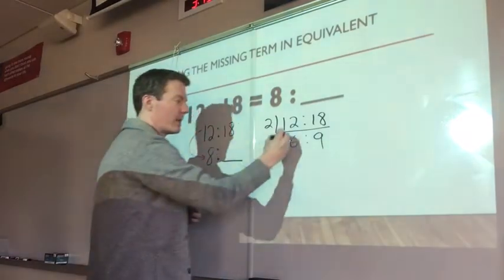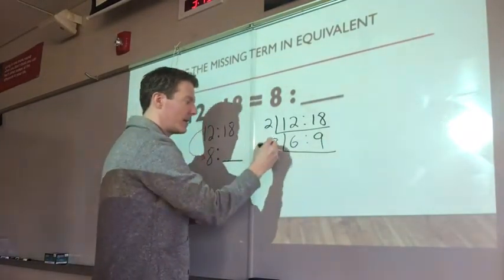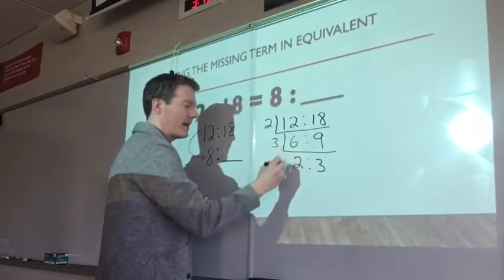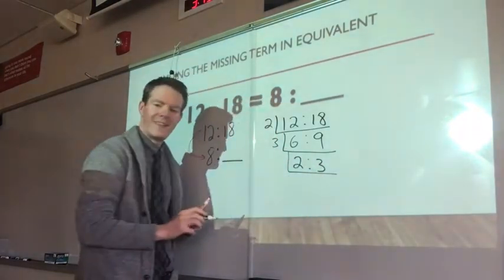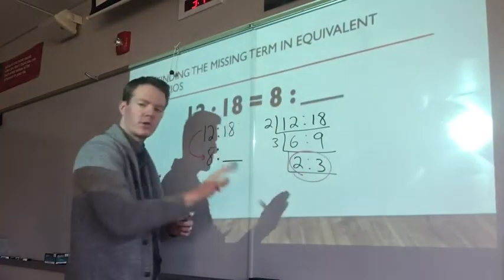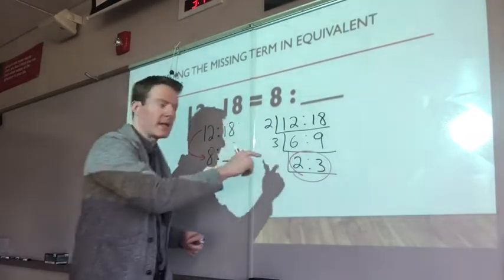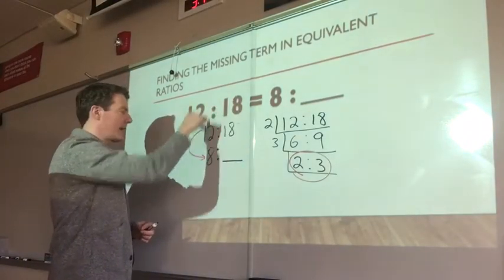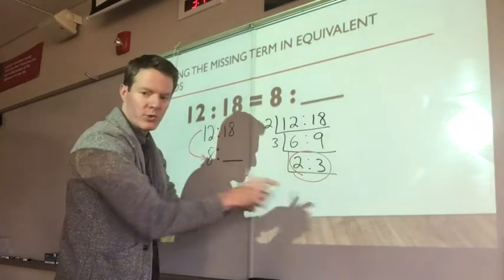I could reduce by 3 and I would get a 2 and a 3. And I can't reduce it any further. So this is the simplest form of that ratio, and I'm going to try to work off of that instead of working off of this, because this ratio can't get me right to 8, but a 2 to 3 can.